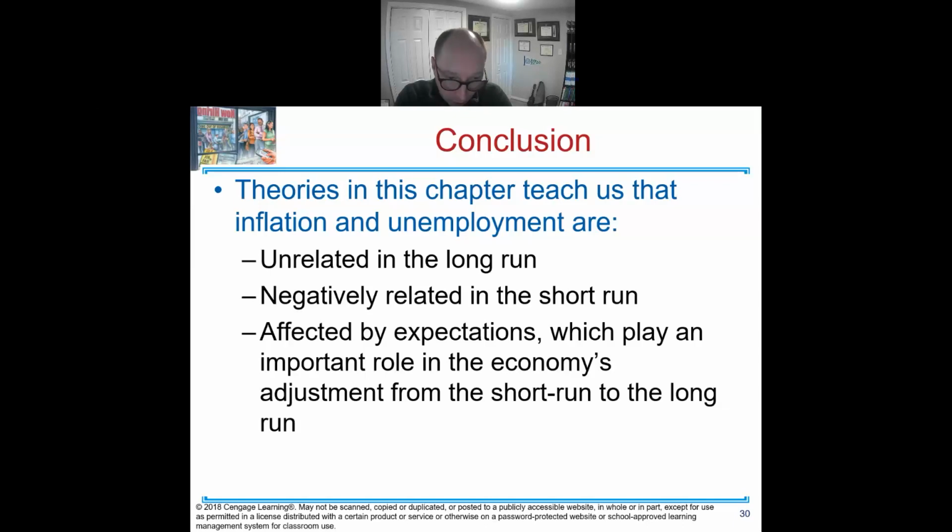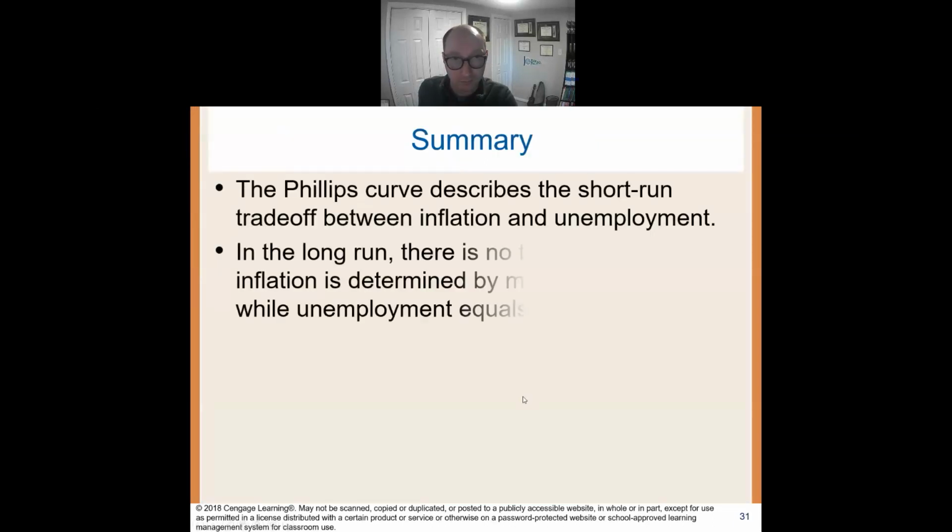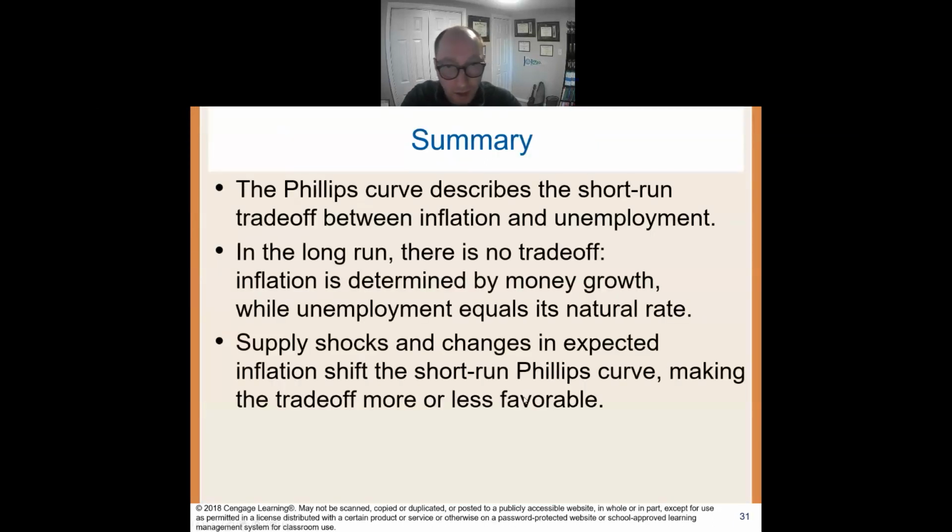In the long run, you need to remember that unemployment will return to its natural rate, regardless of what happens to inflation. And that, my friends, is the trade-off between unemployment and inflation in the short term, and ultimately the long term when it returns to its natural rate.